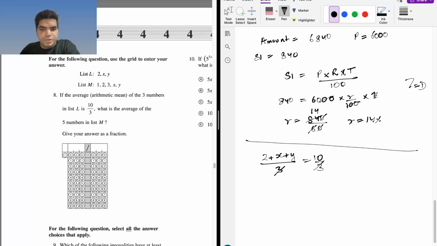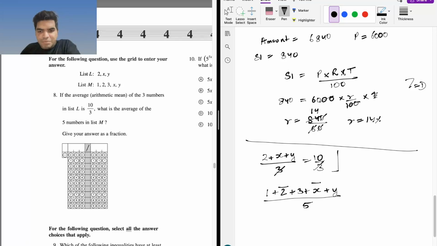So we can say 2 plus x plus y is equal to 10. Do not solve it. Do not write x plus y equals this, because you can see list M also has 2, x and y. So we'll just reuse all of them. List M values are 1 plus 2 plus 3 plus x plus y upon how much? 5.